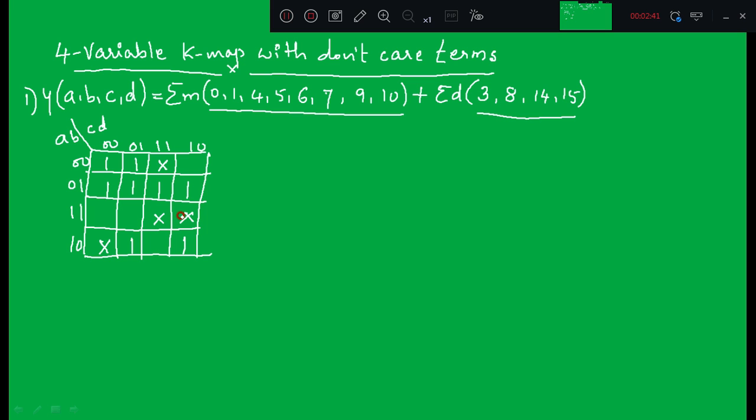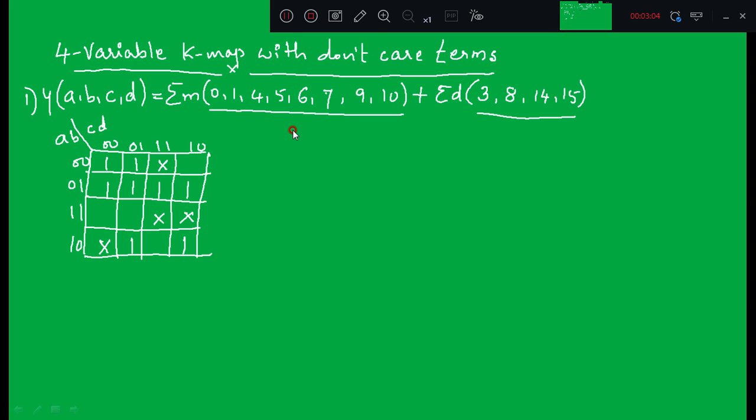So now we have to cover all these ones. It is not necessary to cover all the don't cares, but our aim is to cover all the min terms with the minimum number of groupings, right? So you just work on it. Can you please tell me how many groups you are going to make?